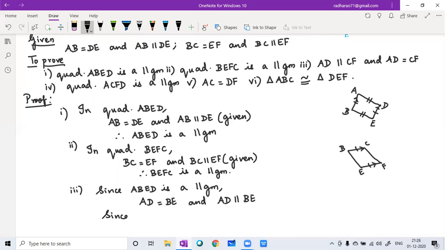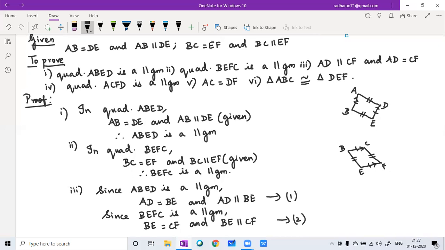Also, since BEFC is a parallelogram, which we have proved just now, not only BC and EF will be parallel and equal, BE and CF will also be parallel and equal. So BE is equal to CF and BE is parallel to CF. Now, I'll mark these as equations number 1 and 2.